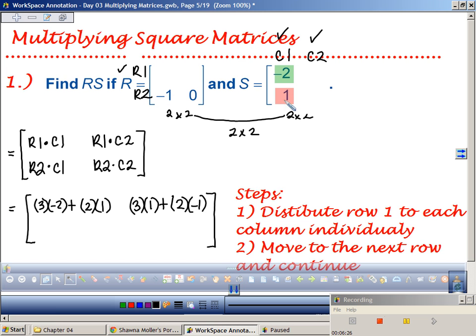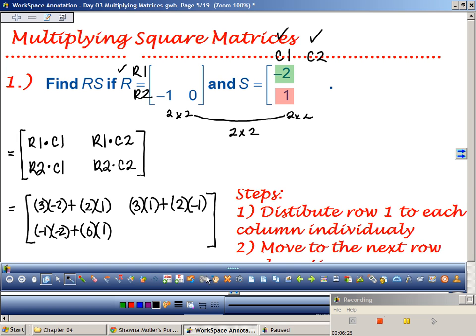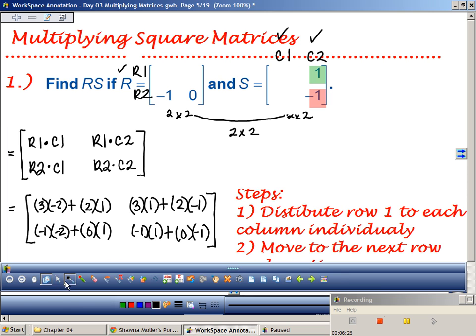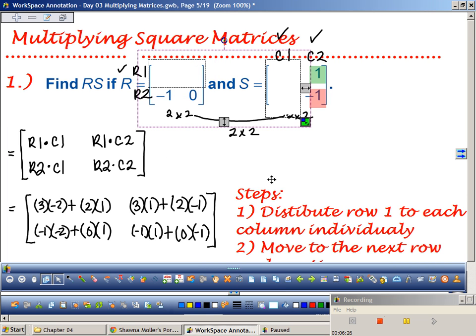So row 2, column 1 is negative 1 times negative 2 plus 0 times 1. Done with column 1, moving on to column 2. Negative 1 times 1 plus 0 times negative 1. Go ahead and take those off now.